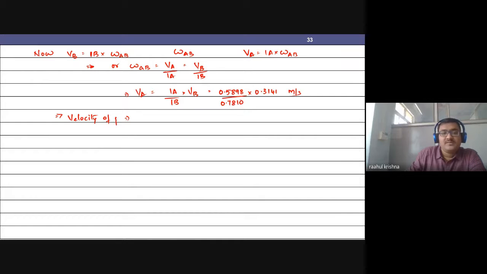This implies I can say that the velocity of the piston, denoted by VA, is 0.237 meters per second. So if I have to write it, it is 0.24 meters per second.